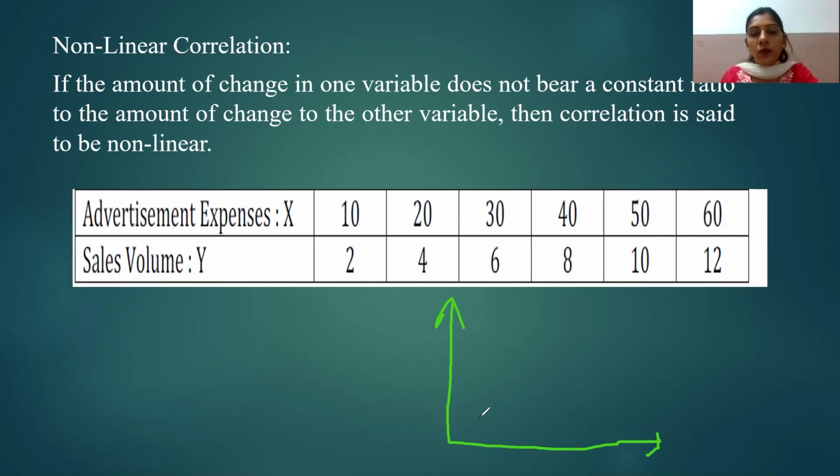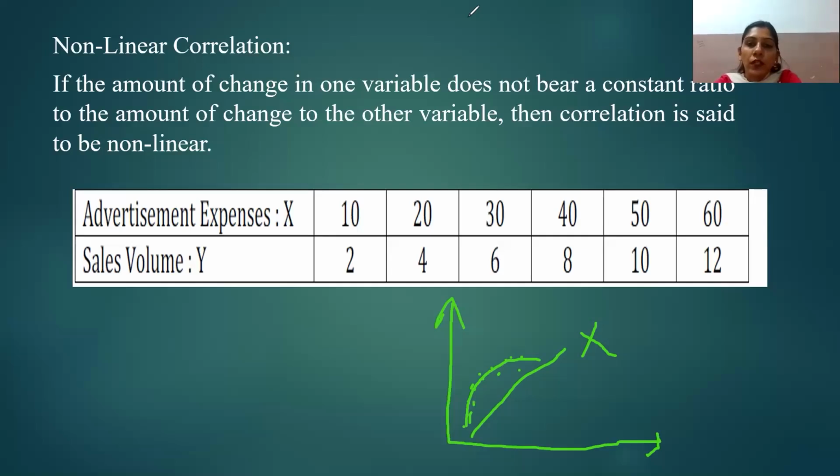When we draw the points on the graph, they will create a curve. They will not fall on a straight line. All the points we draw on the graph for checking the correlation among the variables will create a curve, not a straight line.